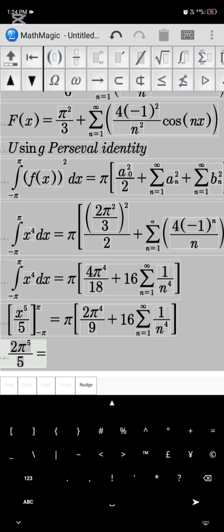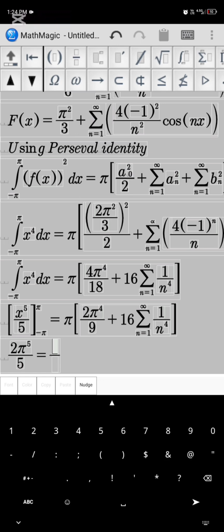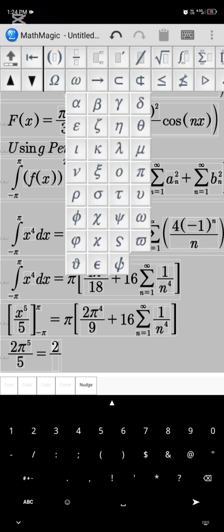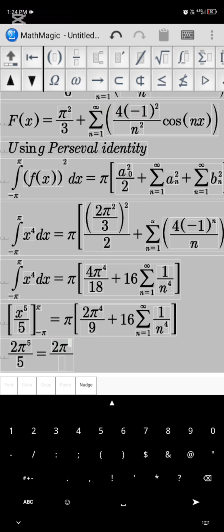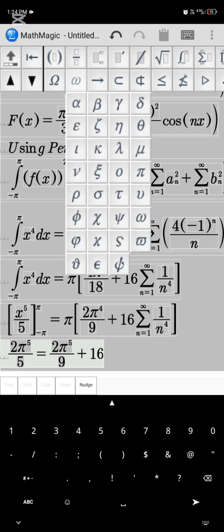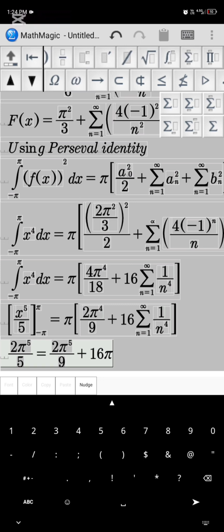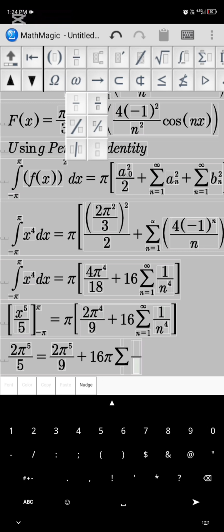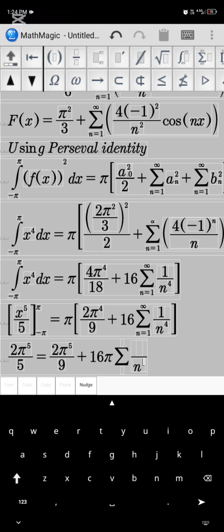It's equal to, then if we open the bracket of our right hand side, we are going to have 2 pi raised to the power of 5 over 9, then plus 16 pi times the summation of 1 over n raised to the power of 4.